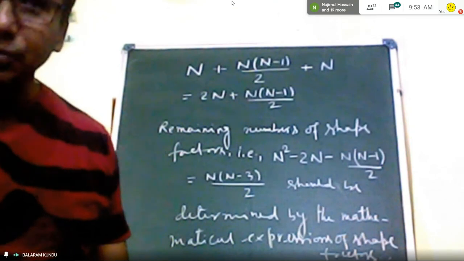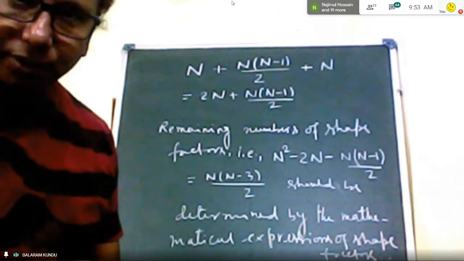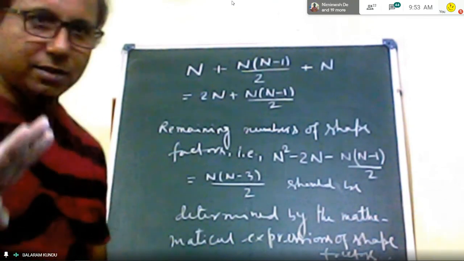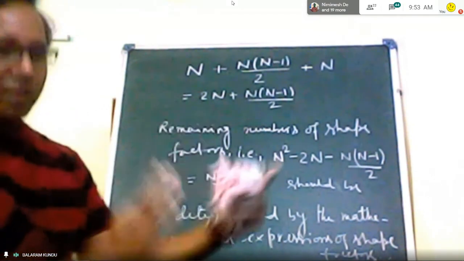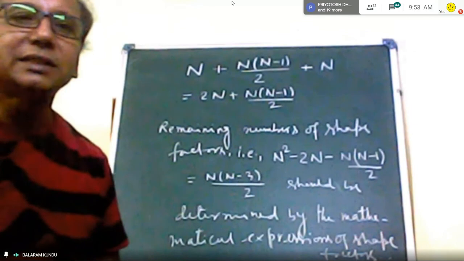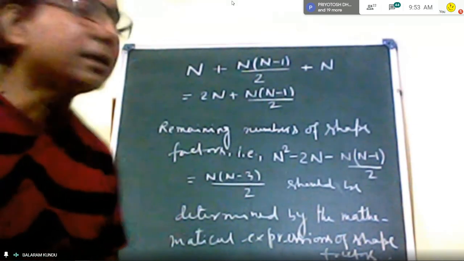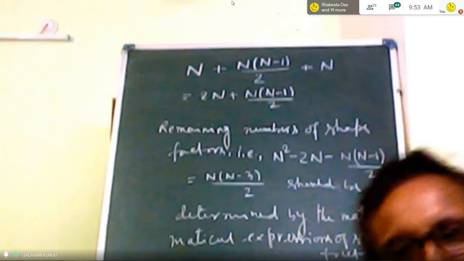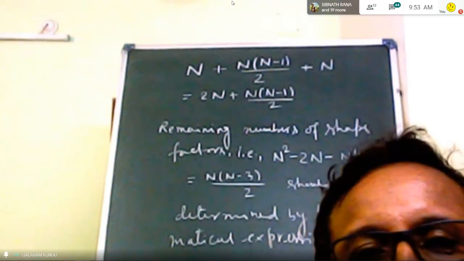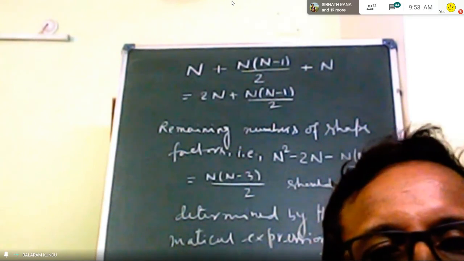So that means only one relationship is there for two zone enclosure. If we consider only two surfaces, only one relationship is there by considering reciprocity relationship. Clear?